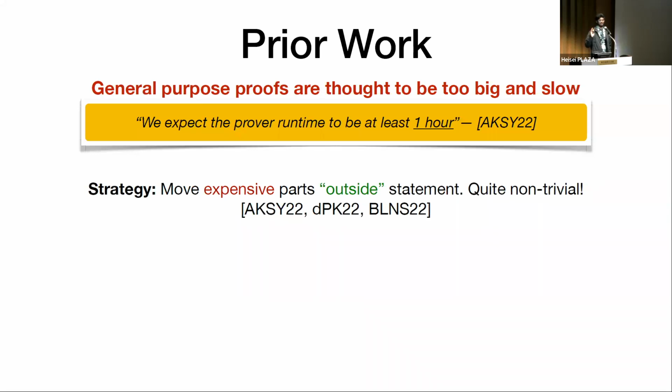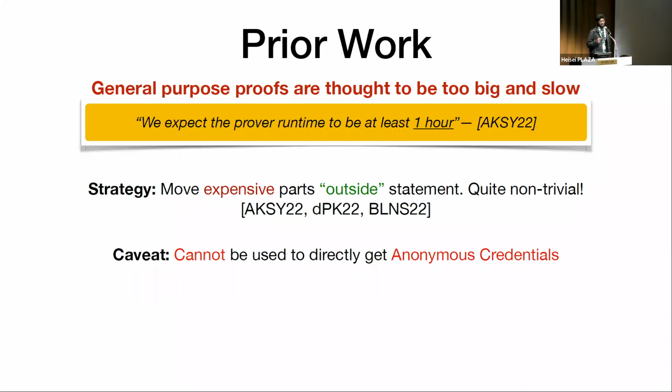And the strategy in essentially all the works that have been in this space is to say, look, there are some expensive parts in the statement. This could be hashing and a bunch of things that are not really conducive to zero-knowledge proofs. What we're going to do is move it outside the statement. And this is quite non-trivial. Sometimes you have to introduce new assumptions or just be very careful with the security reductions to really get good parameters. But this comes with a caveat, which is you can't directly use these approaches to get anonymous credentials.